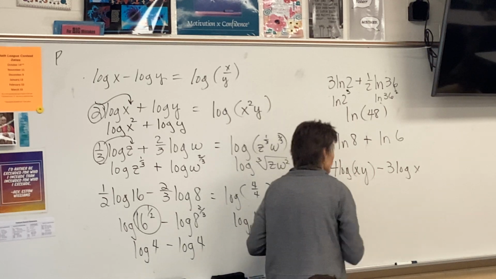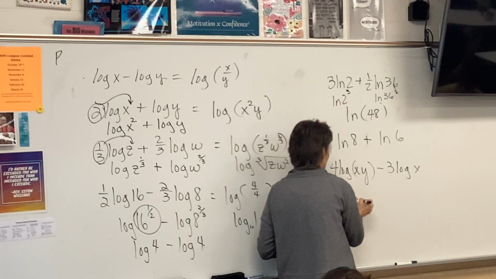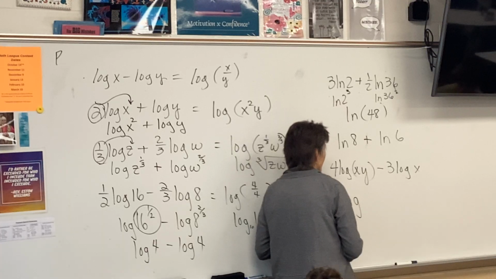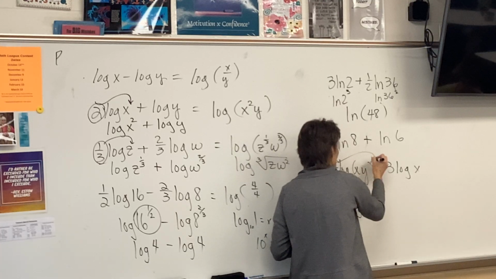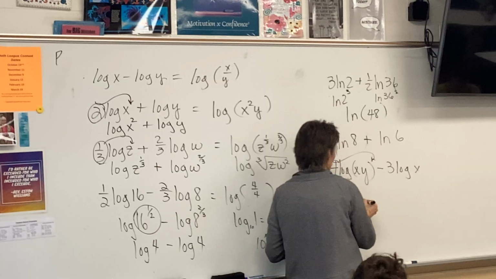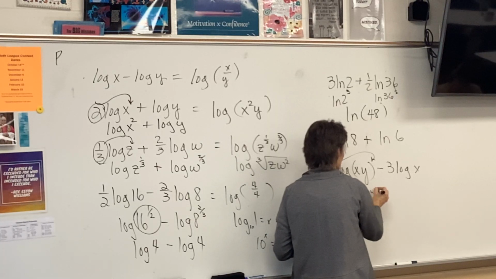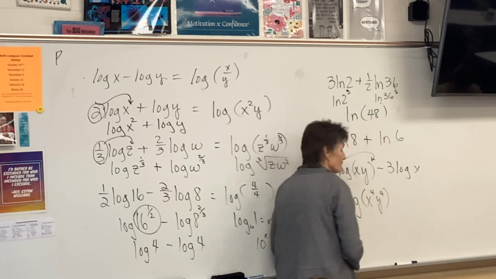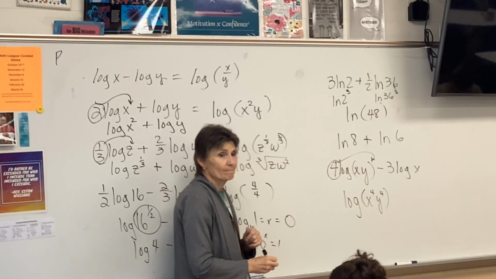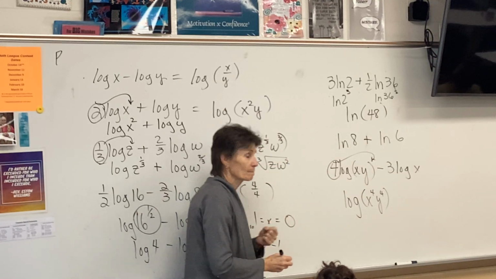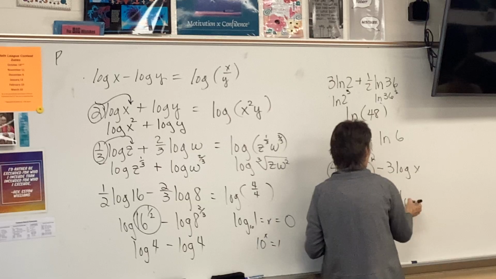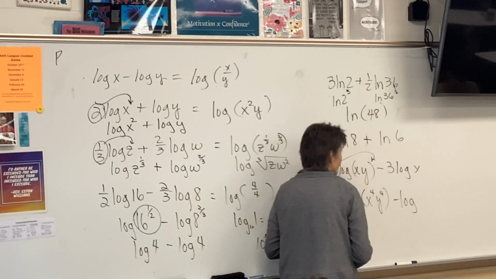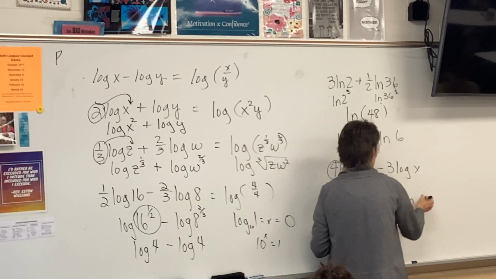All right, so what are you gonna do first here? So that's gonna come up here. Would you agree that's gonna be the log of x to the 4th, y to the 4th? They both get the 4. And this is gonna be minus the log of x to the 3rd.